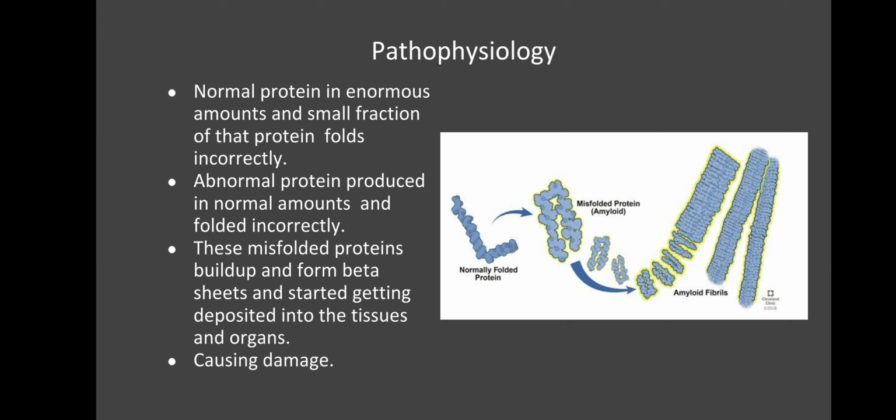So, when a normal protein is produced in enormous amounts and a small fraction of that enormous amount folds incorrectly, or there is an abnormal protein which is produced in normal amounts but it folds incorrectly, both of these misfolded proteins build up and form beta sheets and are deposited into tissues and organs, causing damage.